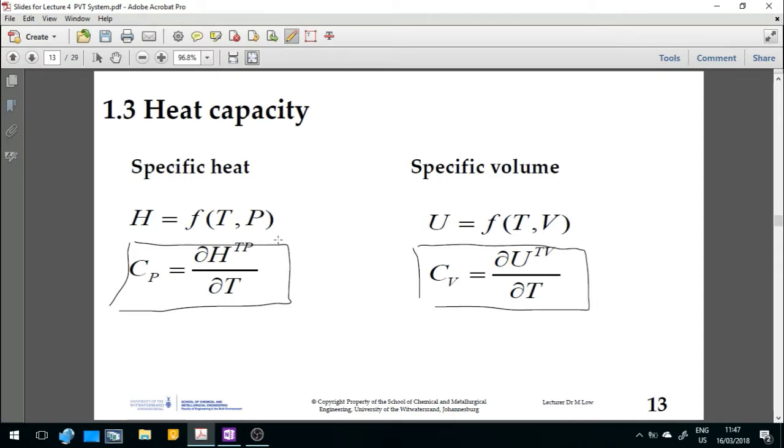Enthalpy was defined as a function of temperature, and internal energy was defined as a function of T and V. So saying that this is an exact function, you can write the total derivative, and you'll actually derive dH equals Cp dT, where Cp equals dH/dT, and for this one as well. So you can try that.